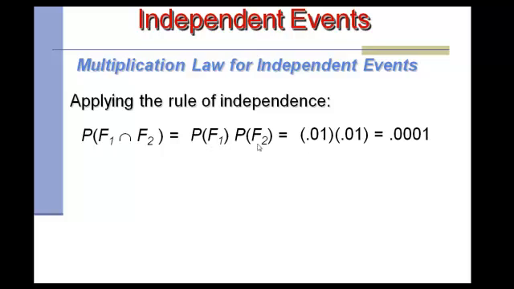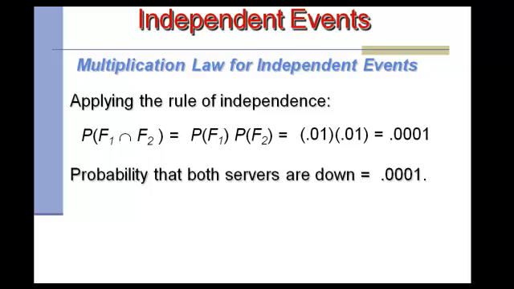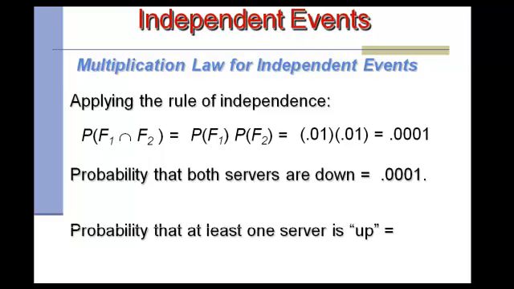The probability of failure of 2, the second server, is 0.01. Multiply those together, and you get the probability of both server 1 and server 2 failing as 0.0001. So that means the probability that both servers are down is 0.0001.